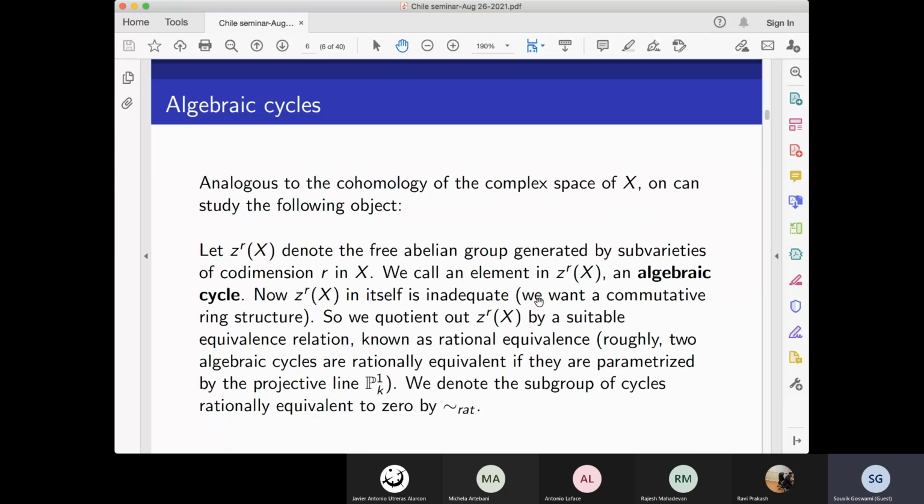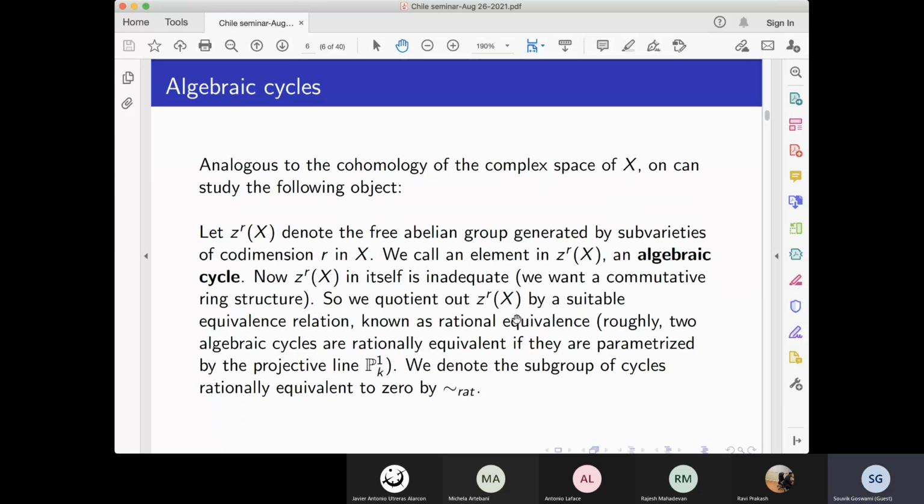What we want to do is to quotient this group by a suitable subgroup so that we have a ring structure on the resultant group. So that's what we do. We quotient out this free abelian group by a suitable equivalence relation, which we call rational equivalence.